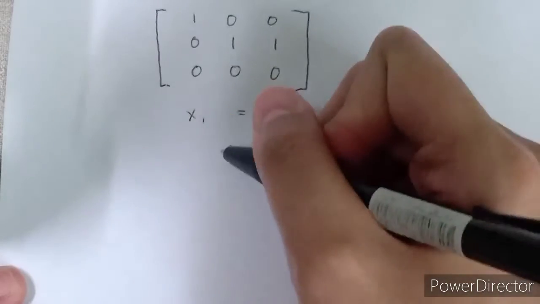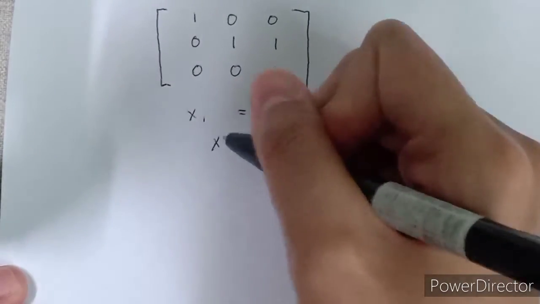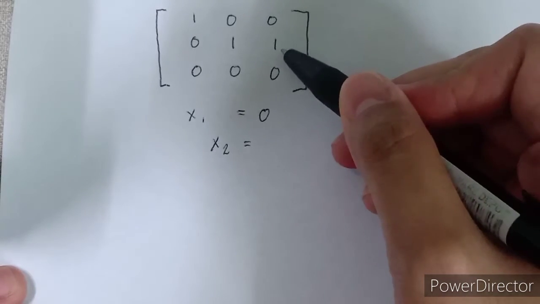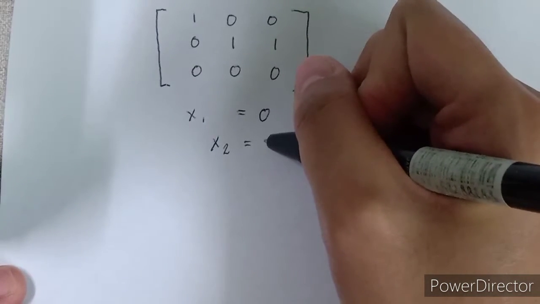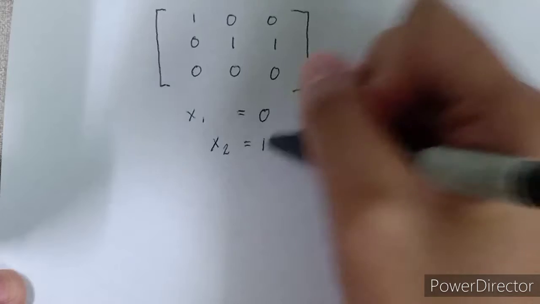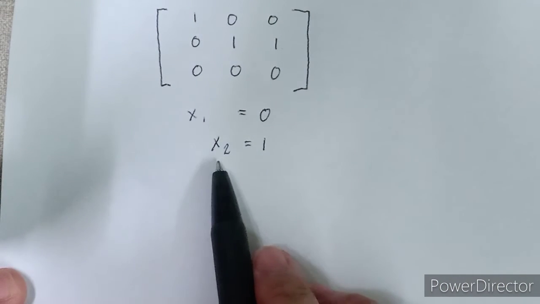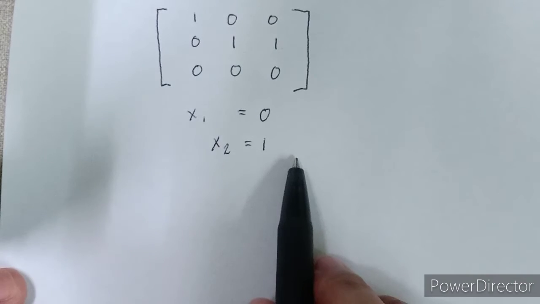So we're going to write it here as x sub 2 is equal to 1, which will give us the value that x sub 2 is equal to 1.